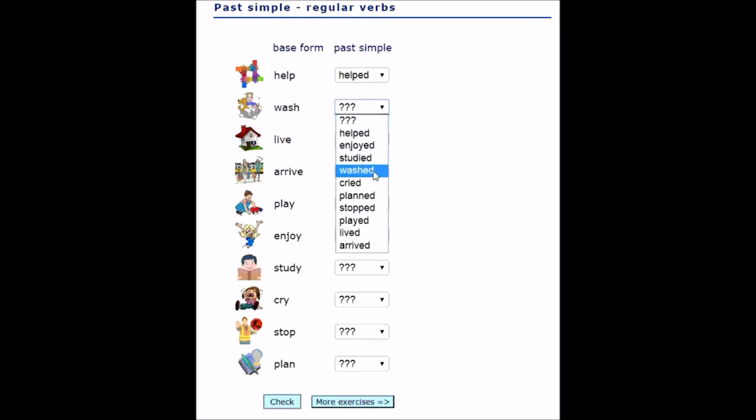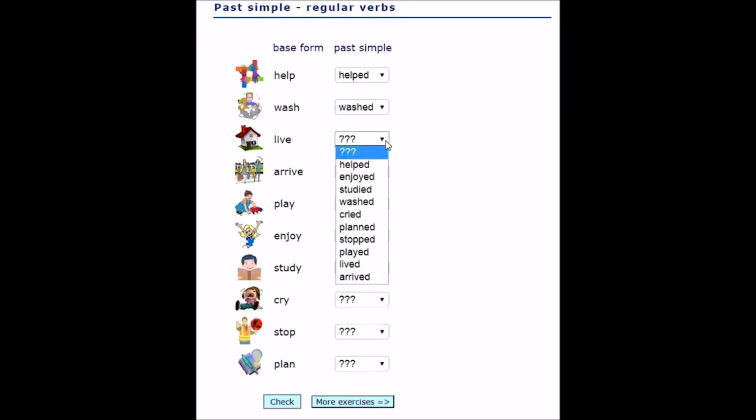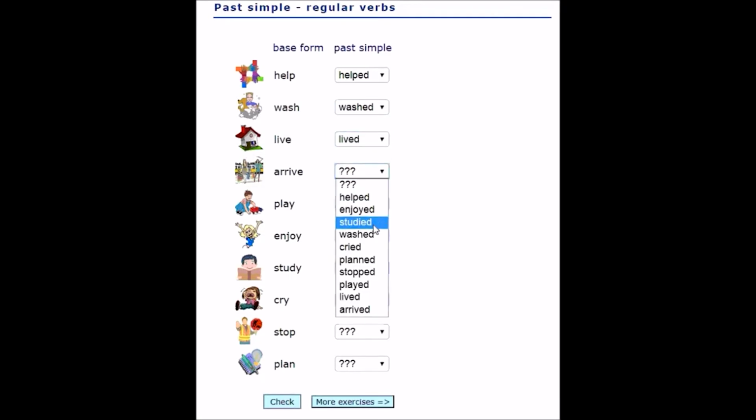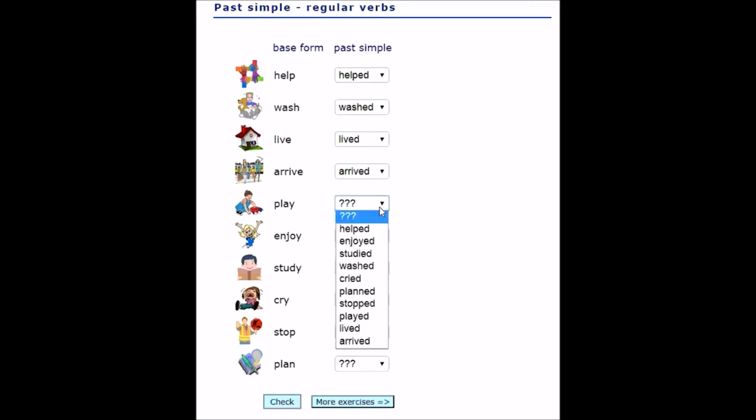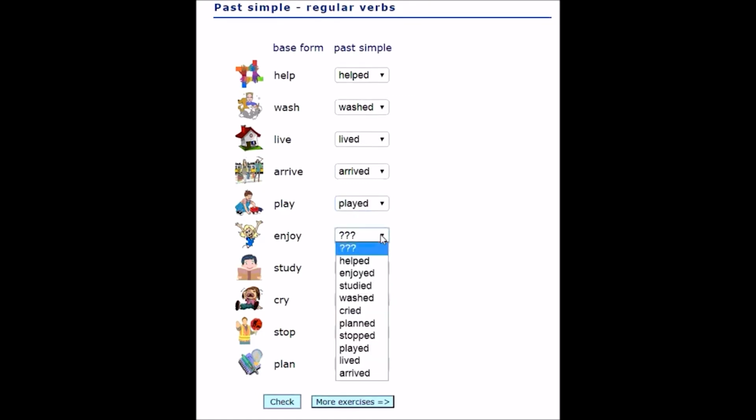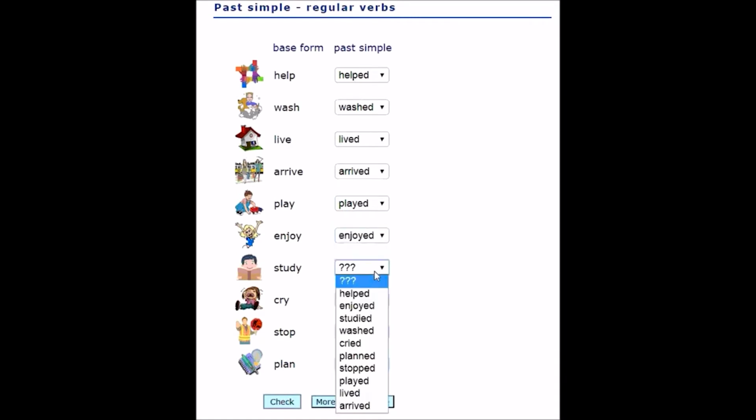All of them are going to be -ed, and as you can see, all the letters are the same, guys. So play becomes played, enjoy, enjoyed, and so on and so on.